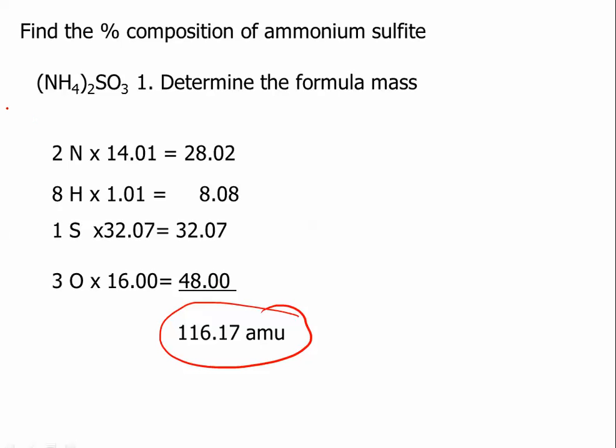Is it going to be nitrogen, hydrogen, sulfur, or oxygen? It's going to be oxygen, because out of that 116, oxygen contributes the most. It's got a total mass of 48. Even though we only have 3 oxygens, because its mass is 16, it ends up contributing the most, and that's going to be a little less than half.